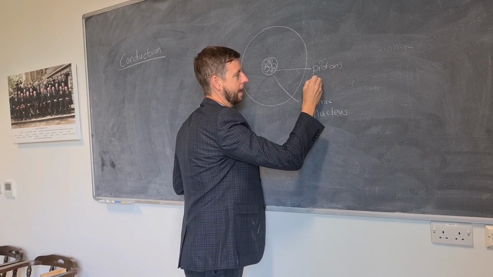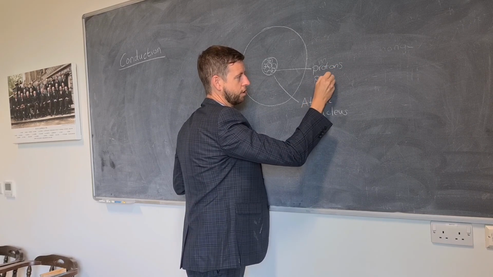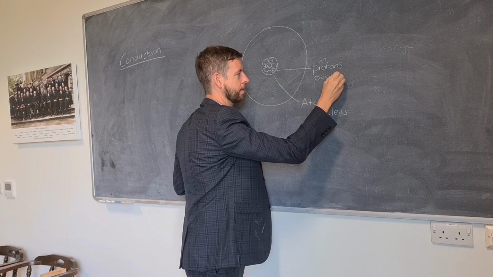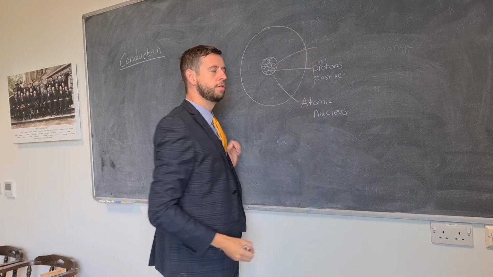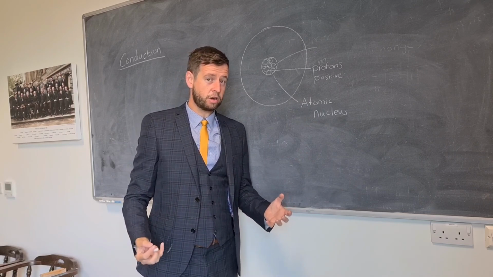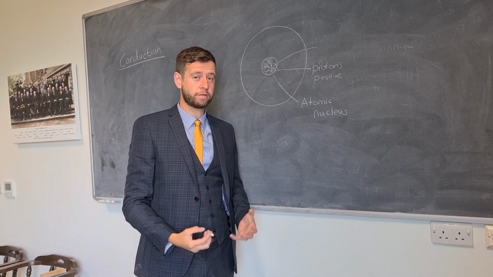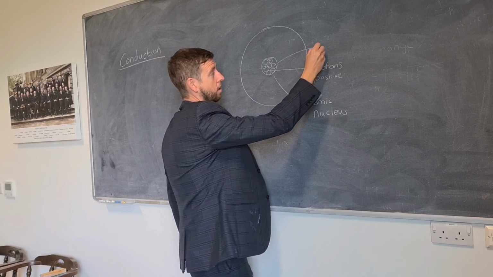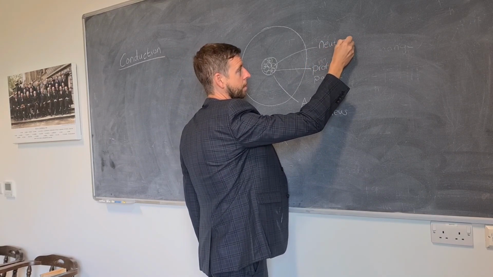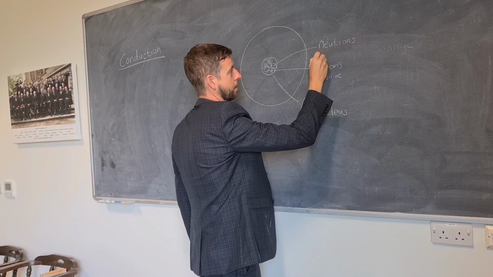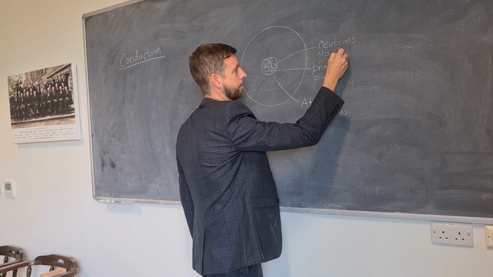They carry a positive charge. Also, in the nucleus, there are some particles that do not have any charge at all. They have a charge of 0, and these are called neutrons. And these have no charge at all.